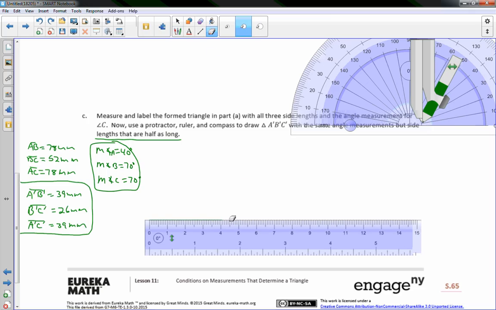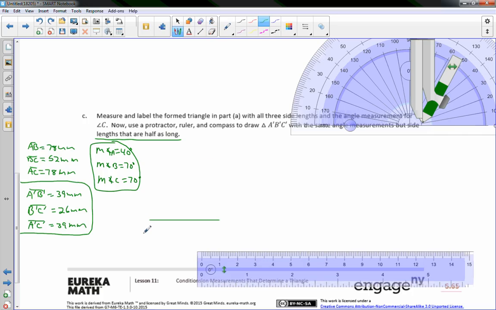So 39 is one mark less than 40. Right there. Okay. So that is A prime, B prime. And that is length 39 millimeters.